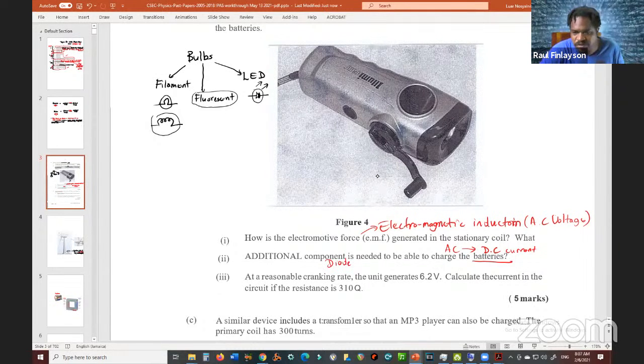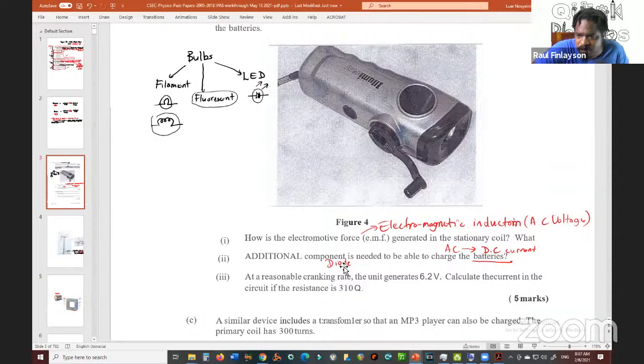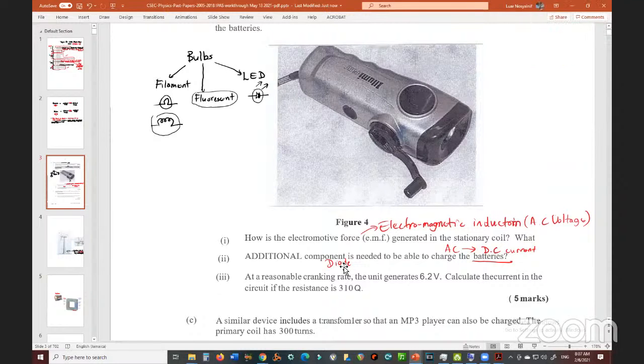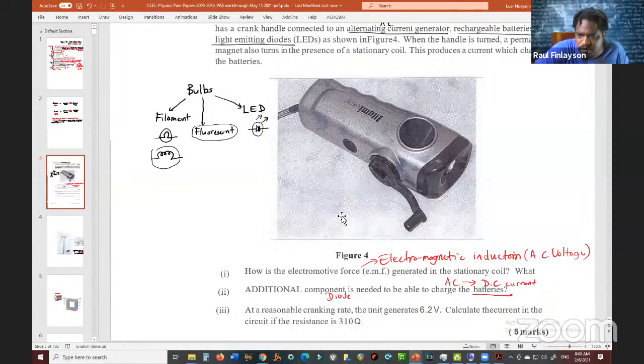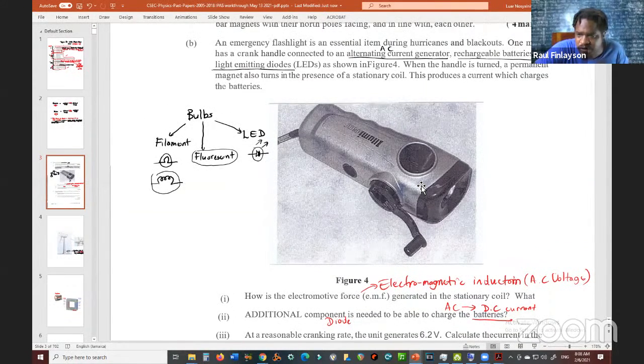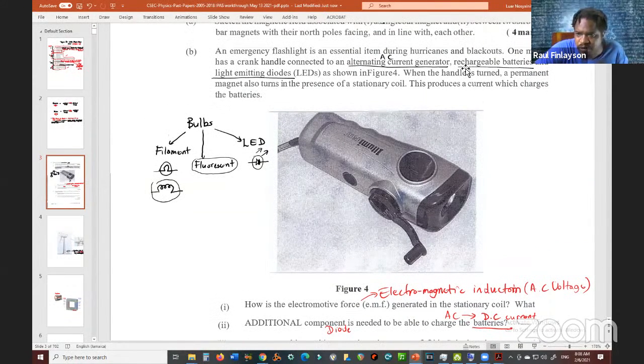Probably we need something else too, but I don't know. It says additional. Hold on a sec. It might be a transformer in there. You're turning this stationary coil. You probably would need a transformer here, would it? Let me see. Rechargeable batteries, light emitting diode.